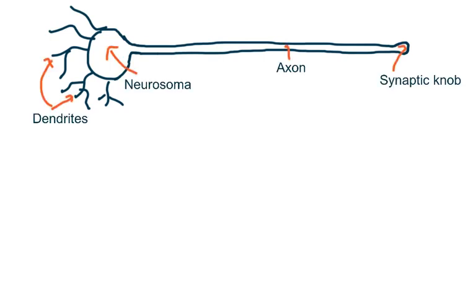Remember, axons can branch and maybe have several different points of contact. All right, so they are labeled, and just as a reminder, the synaptic knob just doesn't end anywhere. It most likely ends on the dendrites of another neuron.